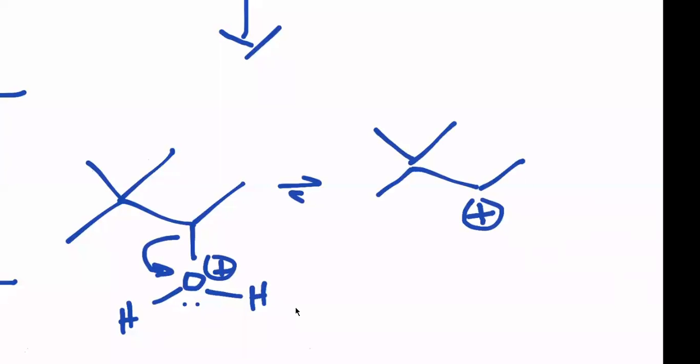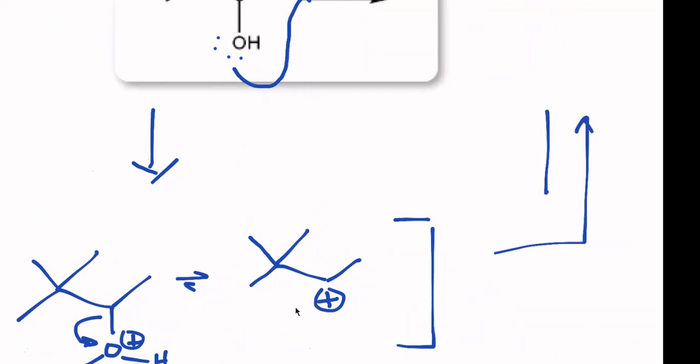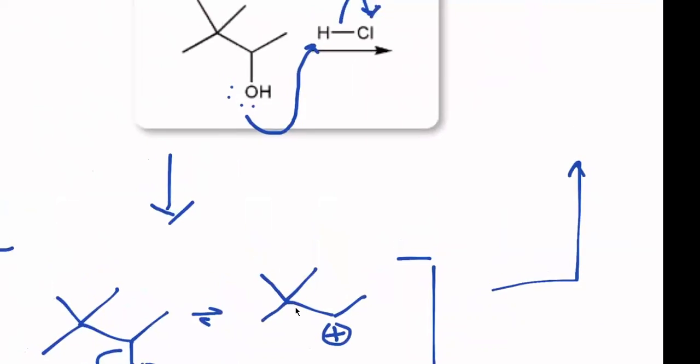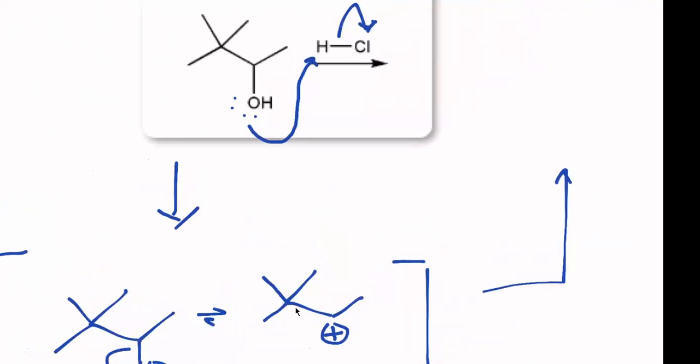Now let me draw the product in, and then let me see if we can figure out why we got that product. I'm going to draw the product in first, and then we're going to backtrack and think about how it happened.